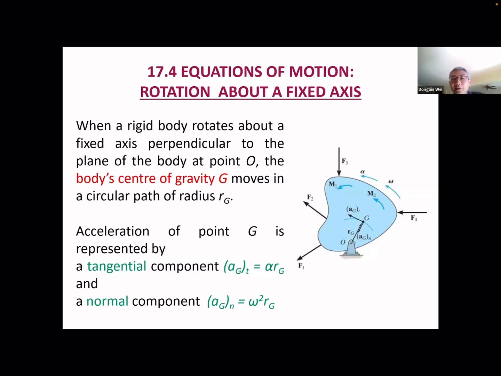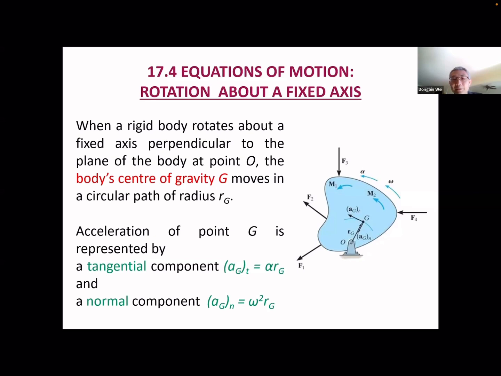If the rotation center is point O, then you can easily determine the acceleration at the mass center point G, or the acceleration at any point in this rigid body.